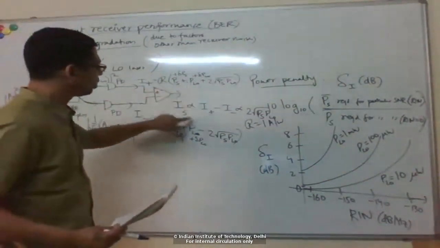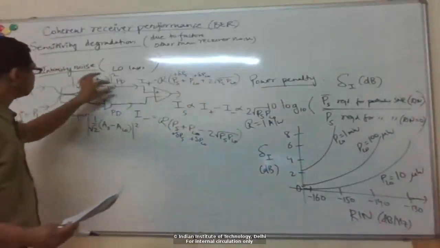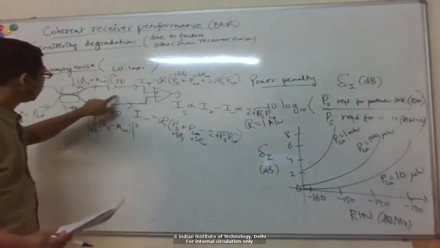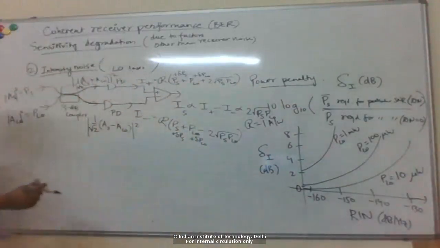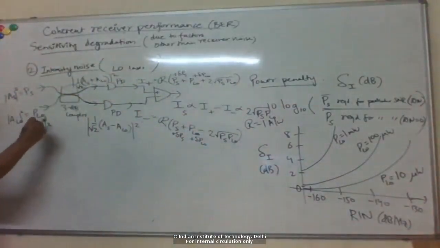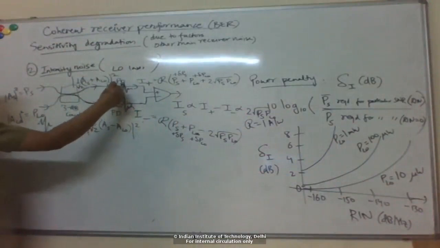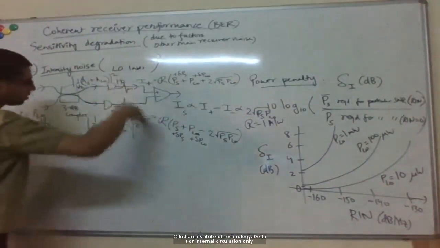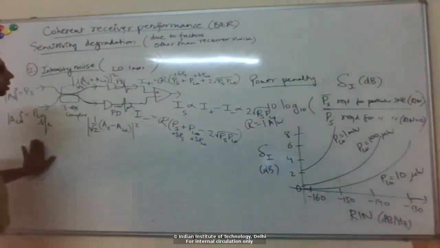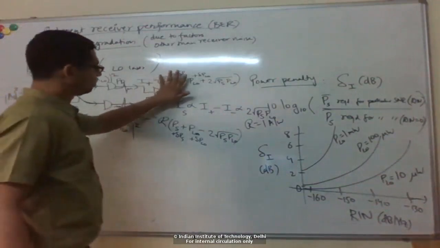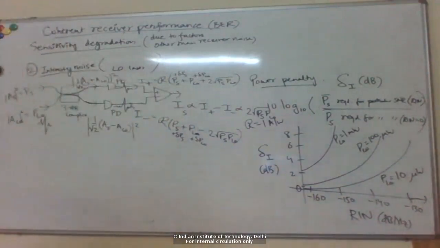So it doesn't matter if PLO is a constant or if it's varying slightly, because I'm getting the same value at both the photodetectors, and then subtracting, they get cancelled. Okay, right? So any fluctuation in the power here, half the fluctuation will come here, and half the fluctuation will go there, and when you subtract, the fluctuation gets cancelled out. Okay. So you can see that you can cut out the intensity noise by using this balanced detection.